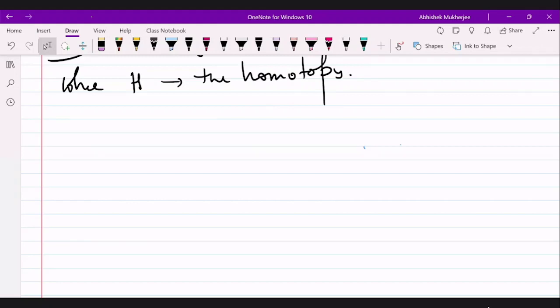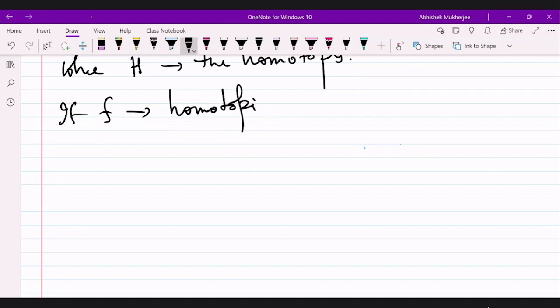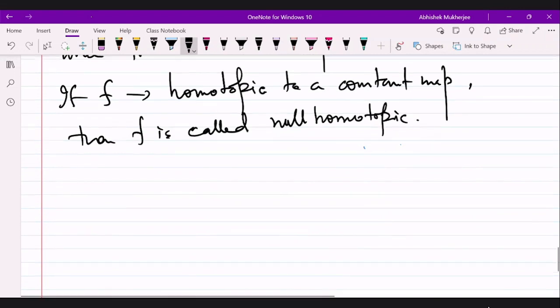So I'm going to announce this: if F is homotopic to a point, or we can say homotopic to a constant map, then F is called null homotopic. Okay, great.